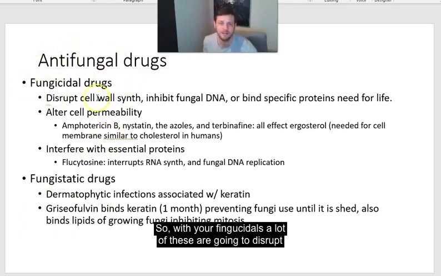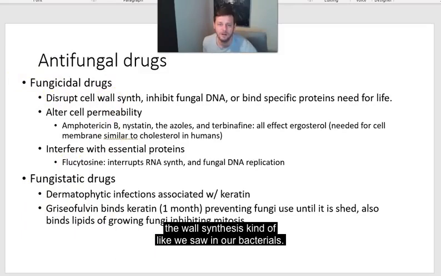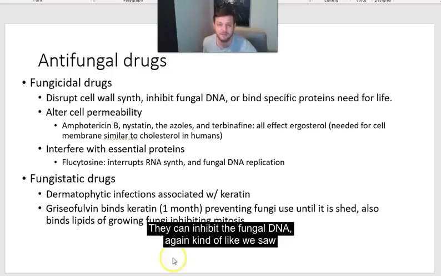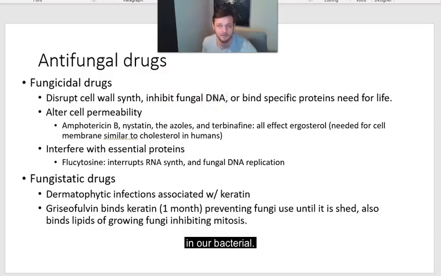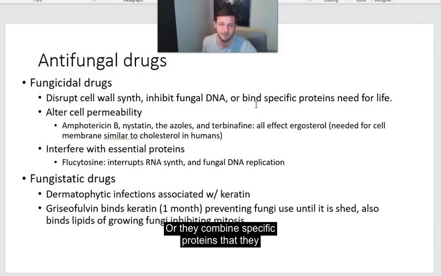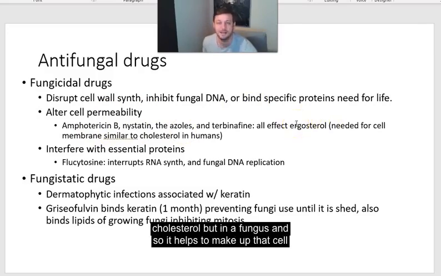So with your fungicidals, a lot of these are going to disrupt the wall synthesis, kind of like we saw in our antibacterials. They can inhibit the fungal DNA, again, kind of like we saw in our antibacterials. Or they can bind specific proteins that they need for life. Altering the cell permeability, stuff like amphotericin B, nystatin, and the azoles do this. They all affect ergosterol, which is kind of like cholesterol, but in a fungus.